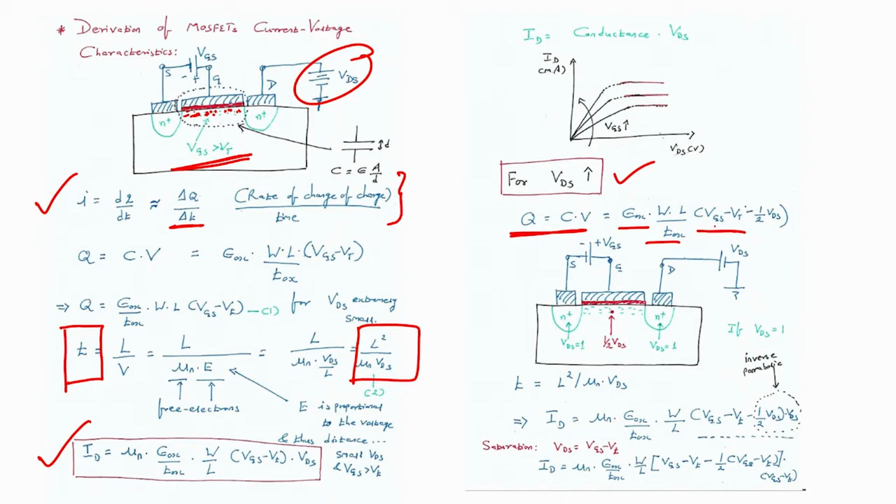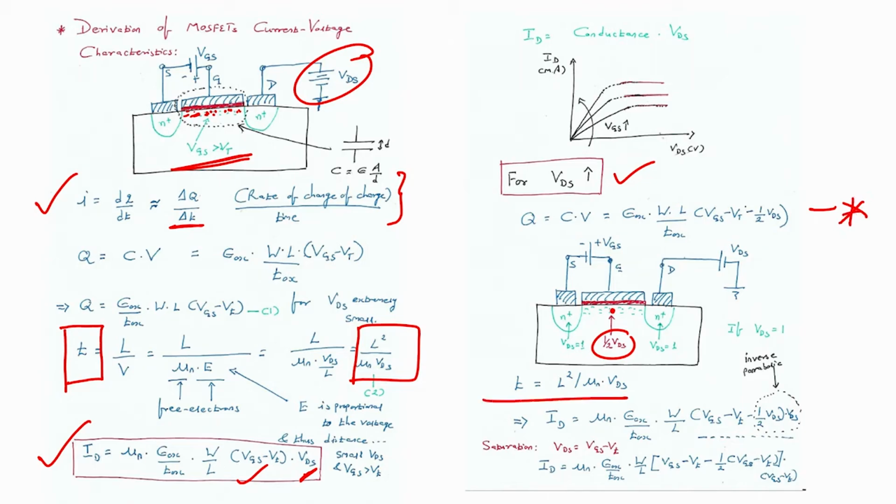VGS minus VT, you see this equation remains same, but instead of VDS we have minus half VDS, because for higher VDS we have to consider a point somewhere in the middle of the channel, which is nothing but half times the voltage applied across source and drain. So, if I substitute this value now, I have Q equals to this particular equation, right, which is my equation, let us say x, or equation star.